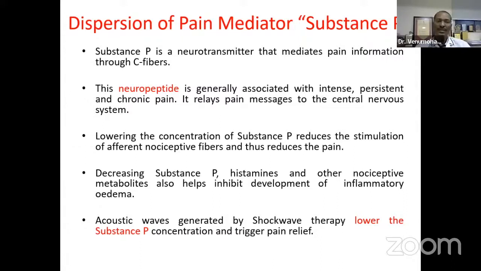Then, there is a decrease in the substance P, histamine, and other nociceptive metabolites, which help to inhibit the inflammatory process. The acoustic waves generated by the shockwave therapy are known to lower the substance P concentration and thereby provide pain relief.